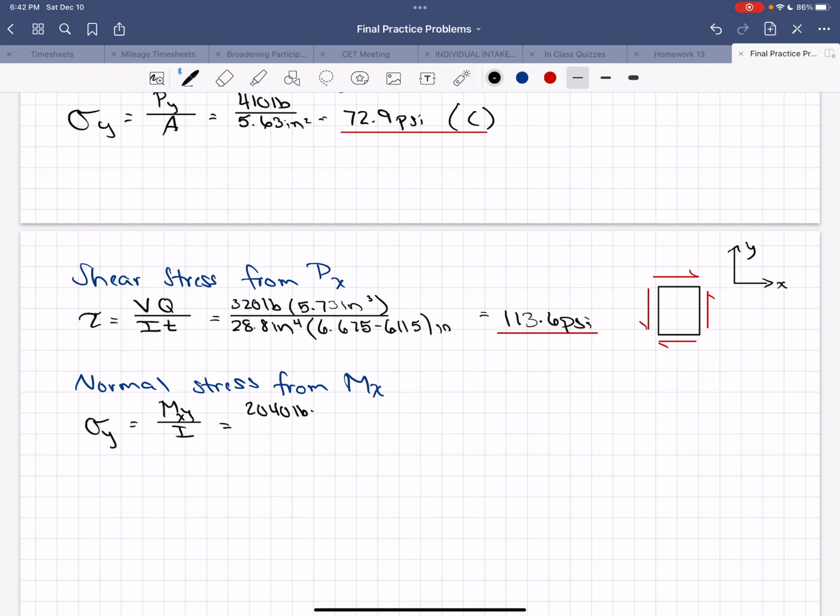Here MX was 2,040 pound-feet. We need to get rid of the feet, so multiply it by 12 inches per foot.